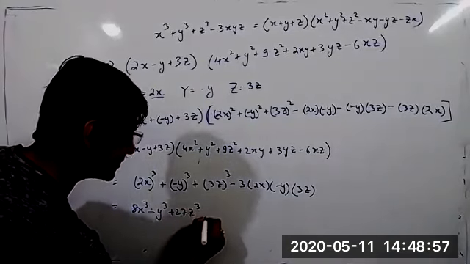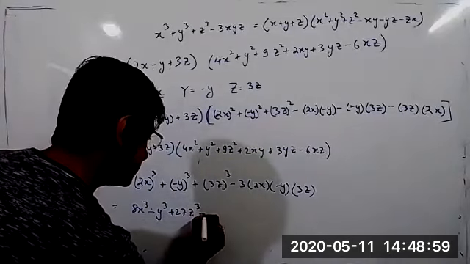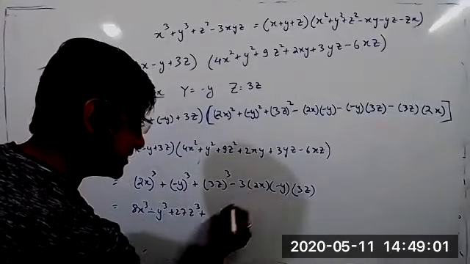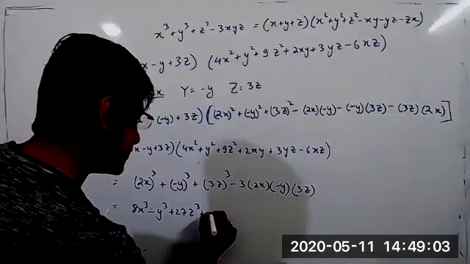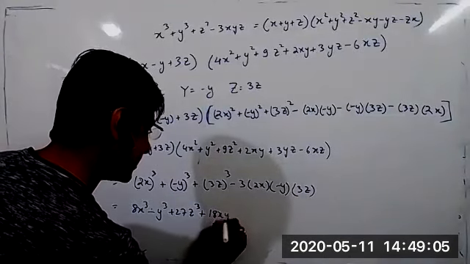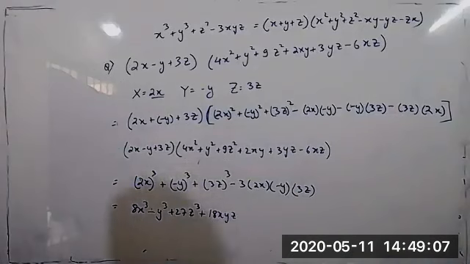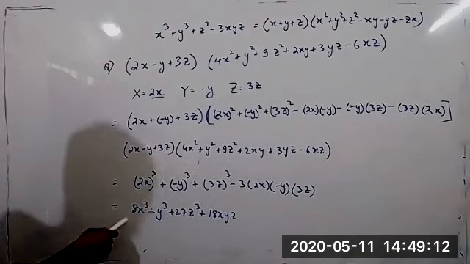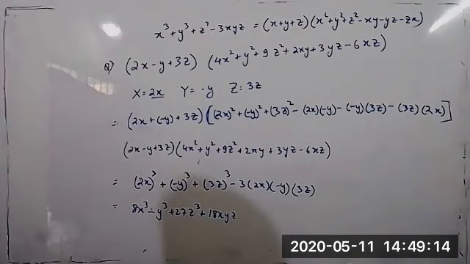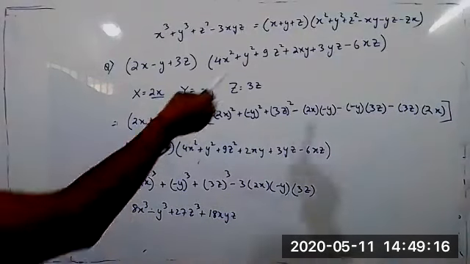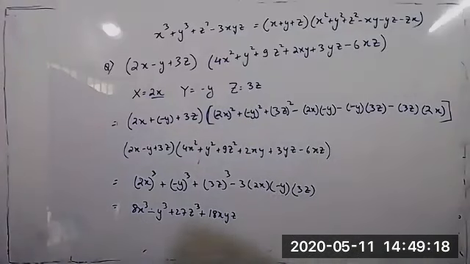Let me give you a chance to do: 3 into 6 is 18xyz, correct? Yes, sir. So from here to here we have factorized. So it is 8x cube minus y cube plus 27z cube plus 18xyz.